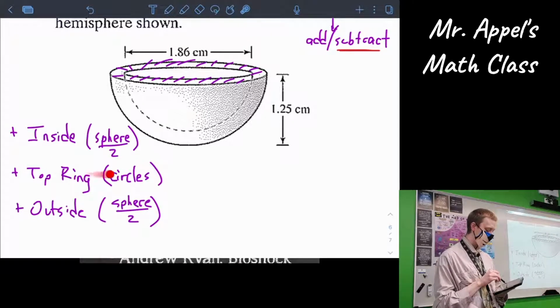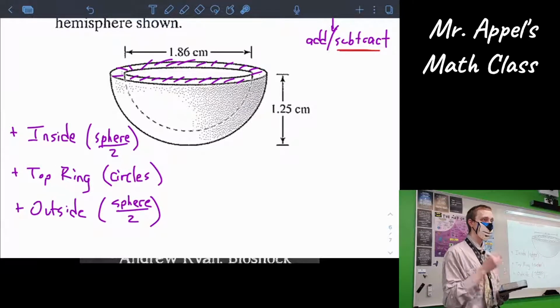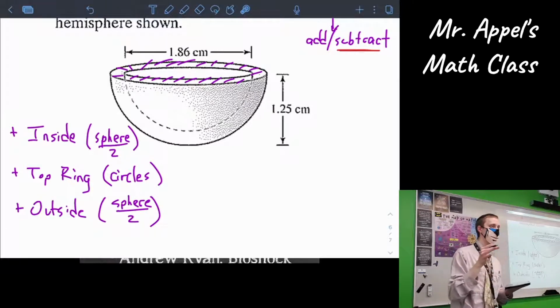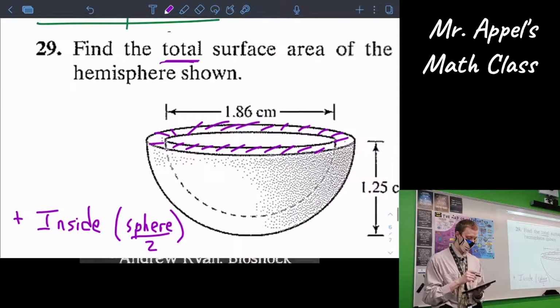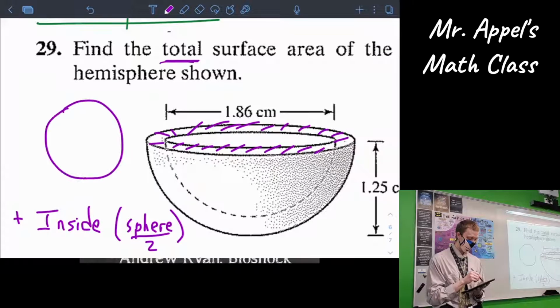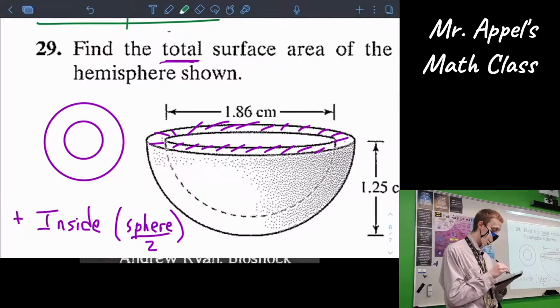But how am I actually going to find the area of this top ring here? Is it just the area of one circle? No. If we imagine we turned this so it faced us properly, we only want this part, the donut.